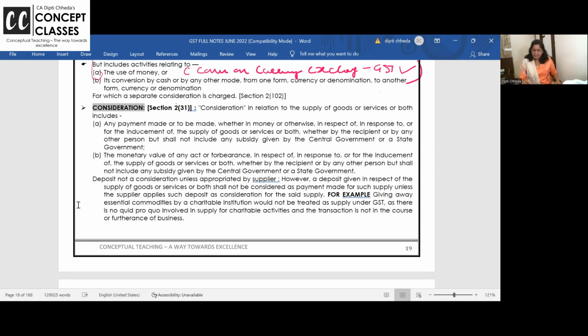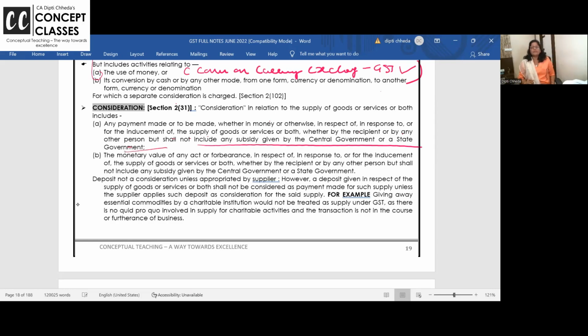Okay, right. Consideration, okay, we'll do one thing. Just read the definition first and then I will explain. Sometimes I'm explaining first and then reading. Consideration in relation to the supply of goods or services or both includes any payment made or to be made, whether in money or otherwise, in respect of, in response to, for the inducement of supply of goods or service, whether by the recipient or by any other person, but shall not include subsidy given by the central government.